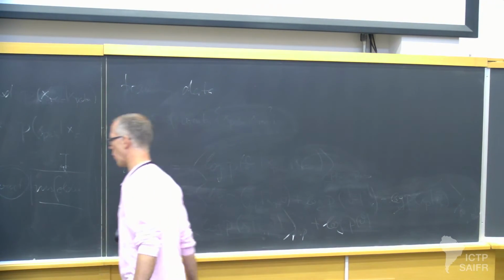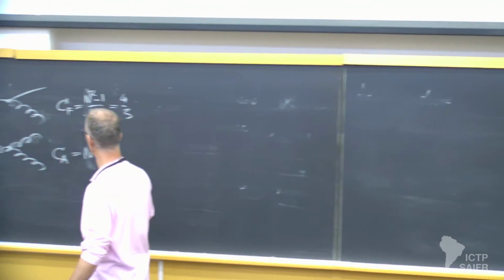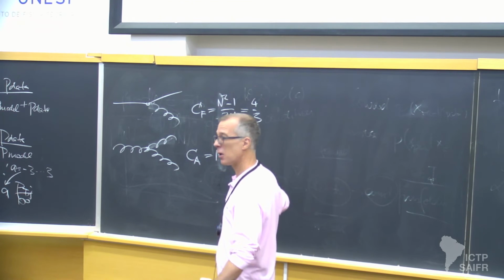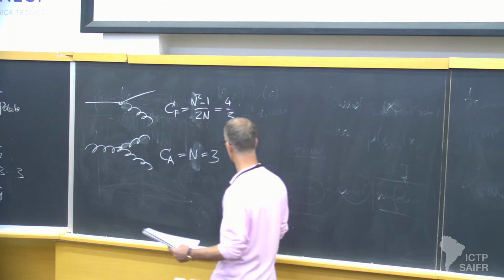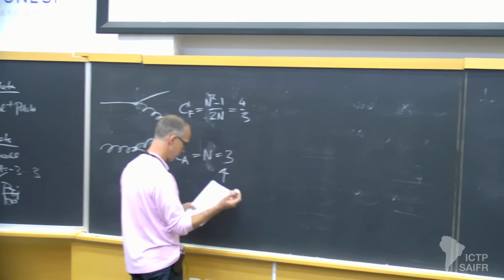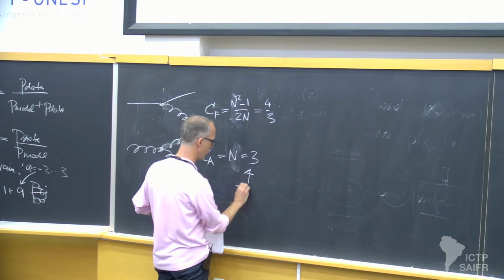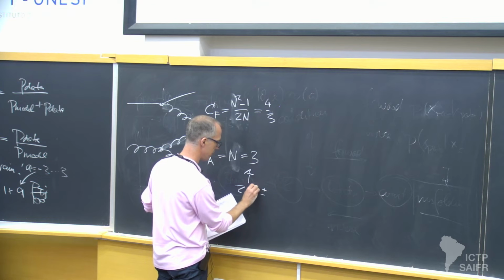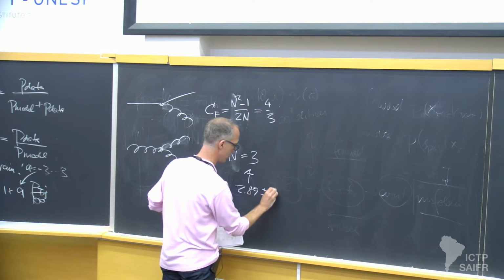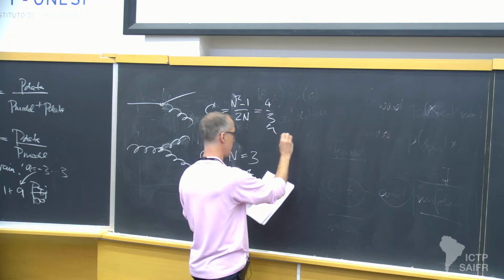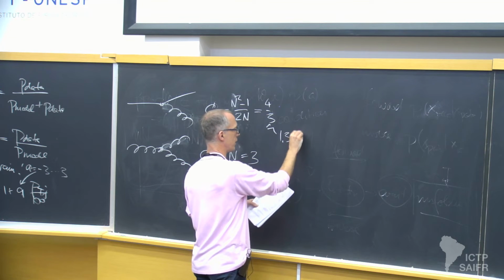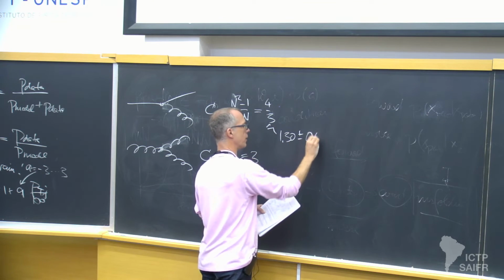And for absolutely no good reason, one of my favorite measurements people did at LEP was to measure these things. They're measured to be, mostly from LEP, 2.89 plus minus 0.21, and this one here is measured to be 1.30 plus minus 0.09.